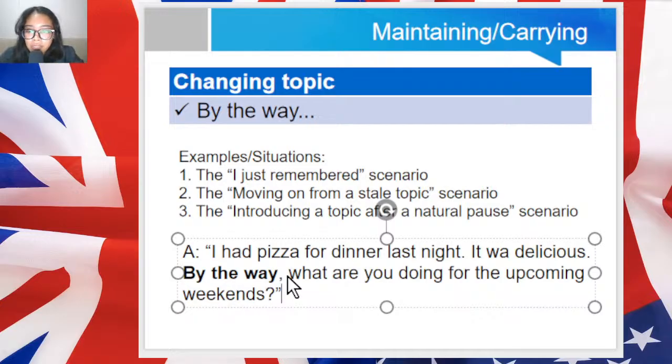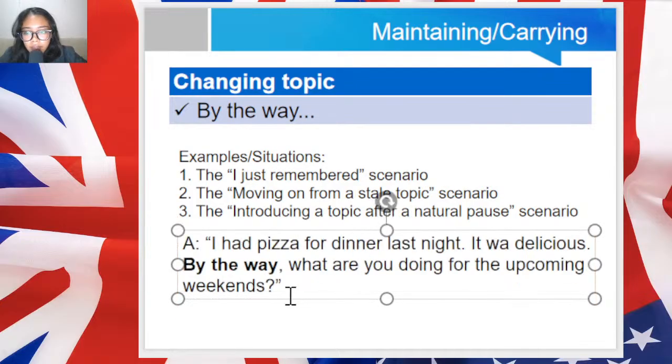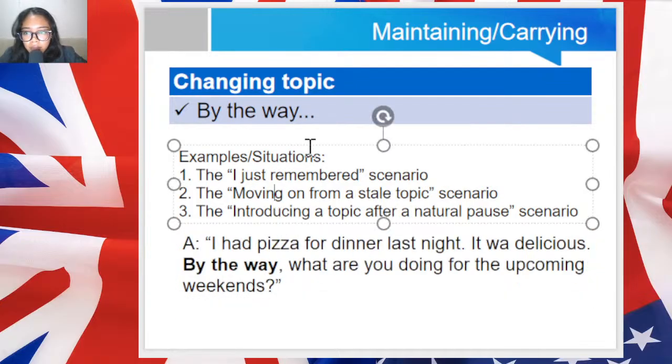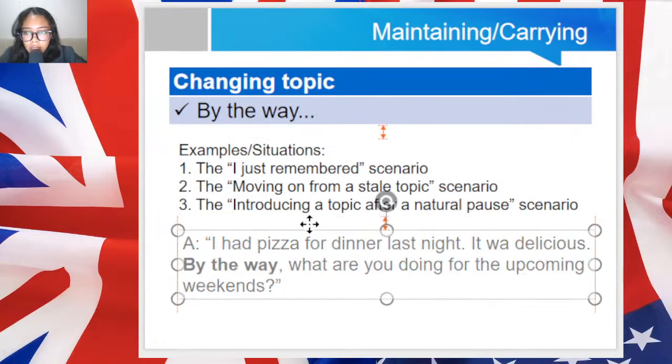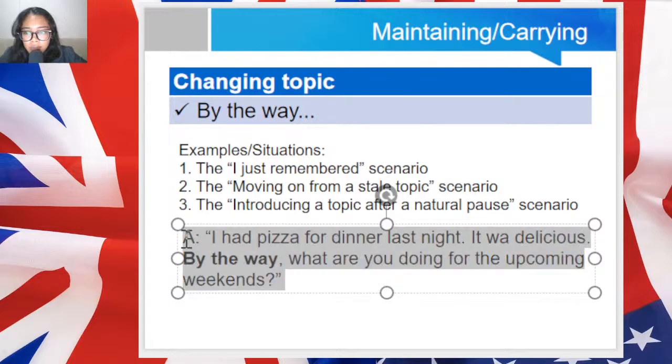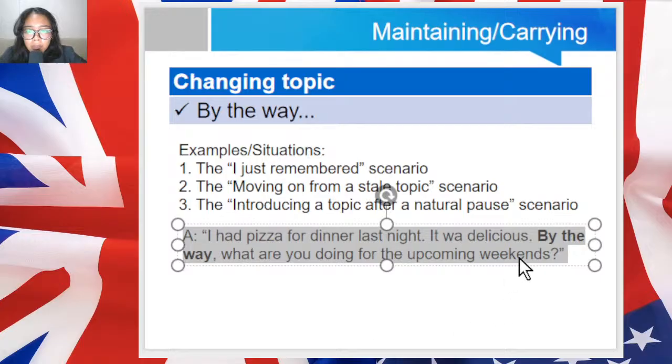Another example for this, but I cannot really write it anymore here, or maybe I can. I'll just move this here, and then I'll change the font size to a smaller one for a moment. Okay, maybe this one you can still see clearly, right?